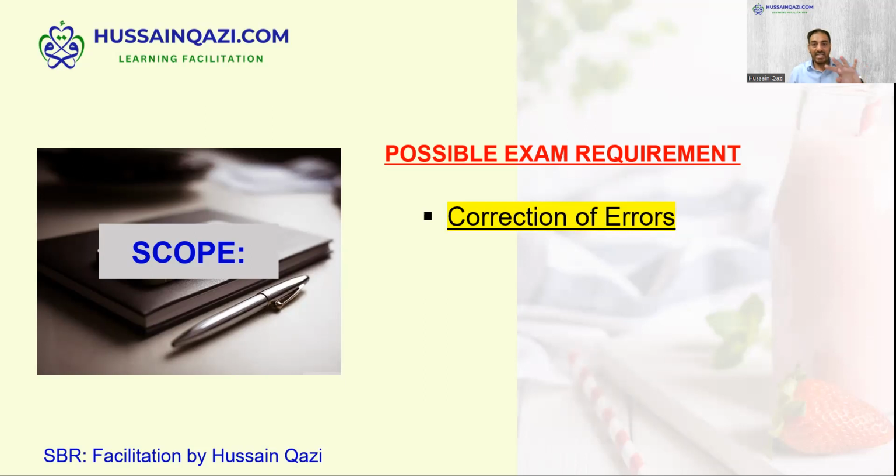Number 1, either correction of errors, meaning something is already calculated and given in the question, and you need to make an adjustment, a correction of errors. Second one, maybe something is missing here. For example, in this question, goodwill and NCI are missing.